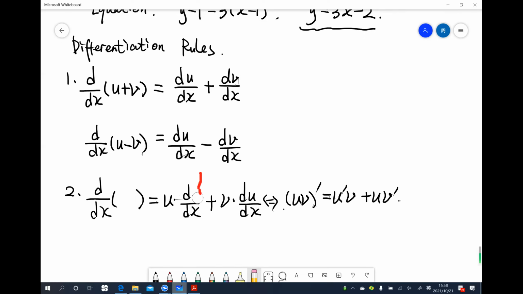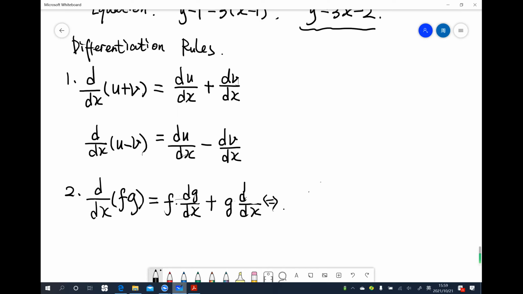Okay, I will use other letters. I will use f and g. That will be clearer here. If I want the derivative of f times g, where f and g are two functions, it is f times dg/dx plus g times df/dx. Now it is clear.